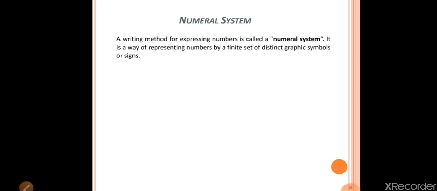A writing method for expressing numbers is called a numeral system. This is the definition of numeral system. This is the method by which we express our numbers.